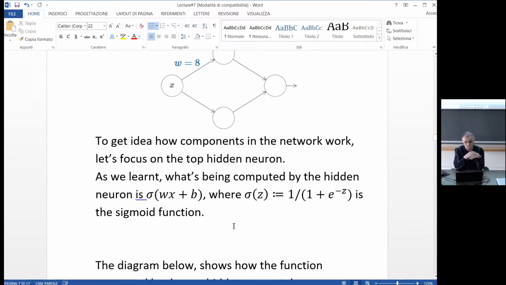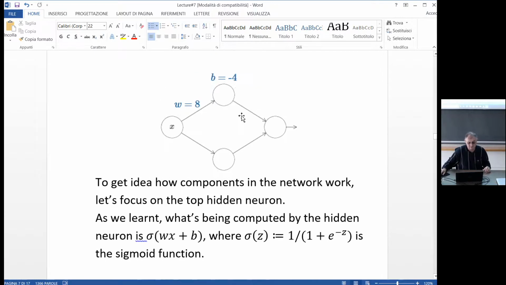To get an idea of how components in the network work, let's focus on the top hidden neuron.